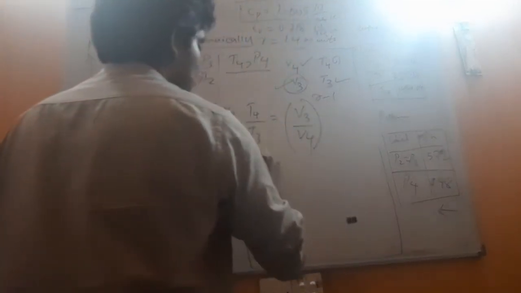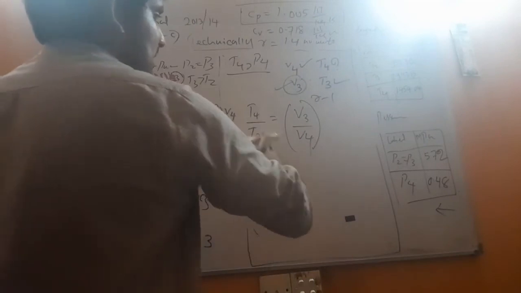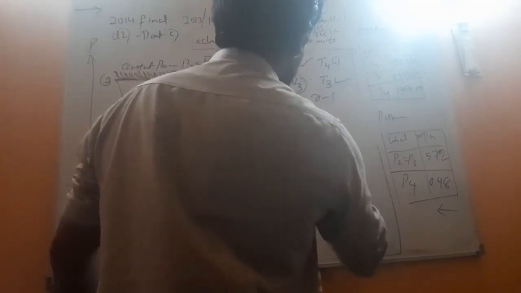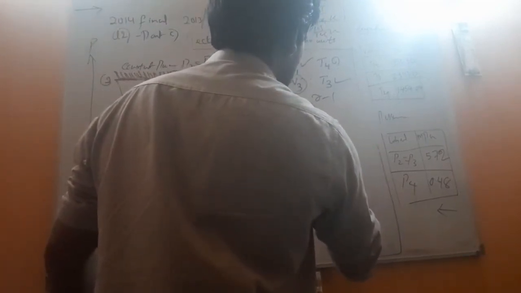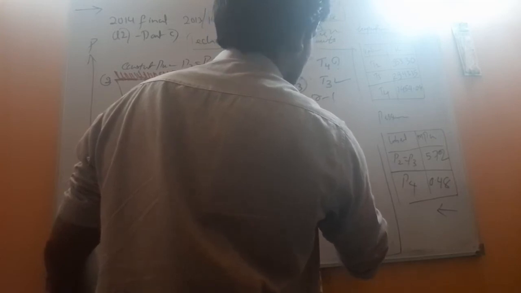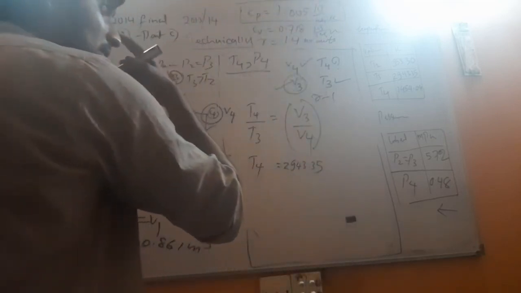What is T4? T3 times, what is T3? 2943.35, times what is V3? We calculated it. Where is V3? Oh my god, did I erase that?